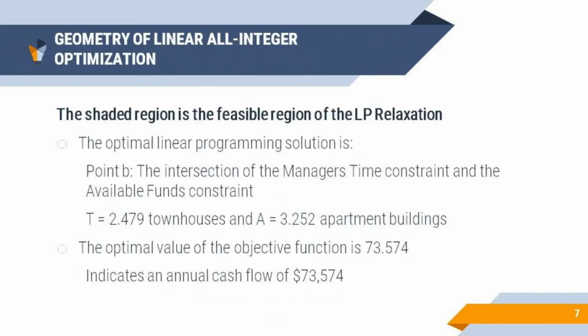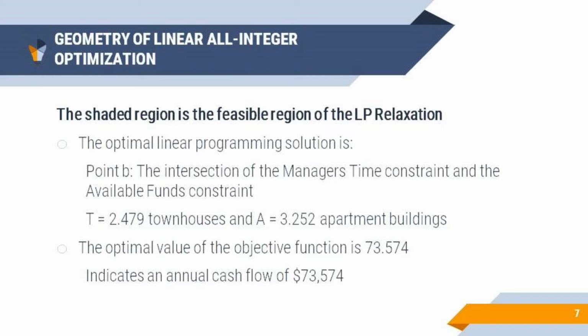So point B, the intersection of the manager's time constraint and available funds constraint, is where T equals 2.479 and A equals 3.252. We know that won't work, even though that's the optimal solution based on the feasible region. Why won't it work?